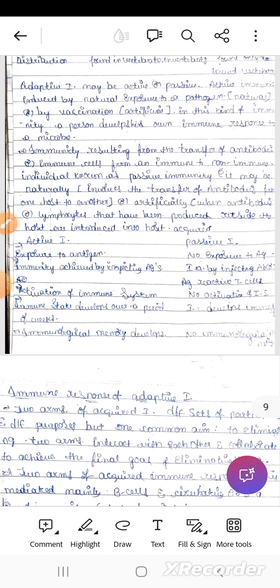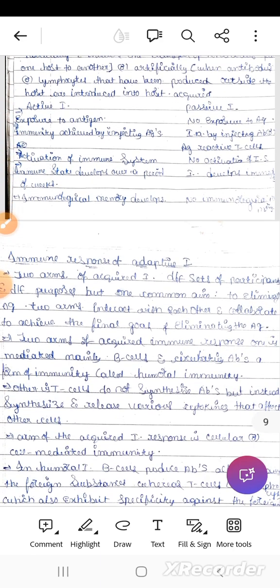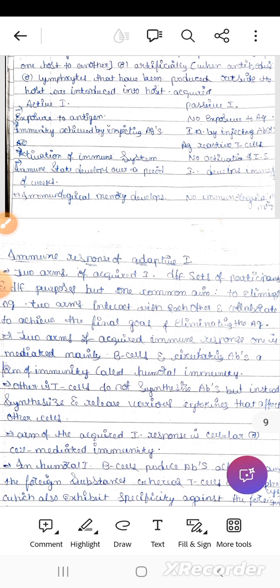It may be natural, involving the transfer of antibodies from one host to another, or artificial, when antibodies or lymphocytes that have been produced outside the host are introduced into the host.